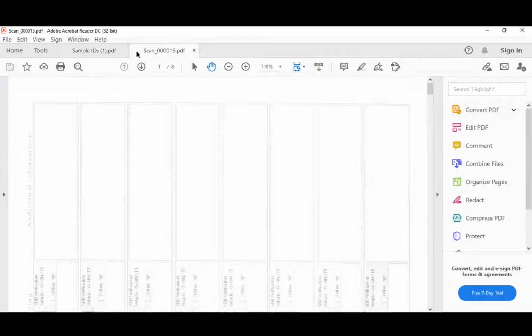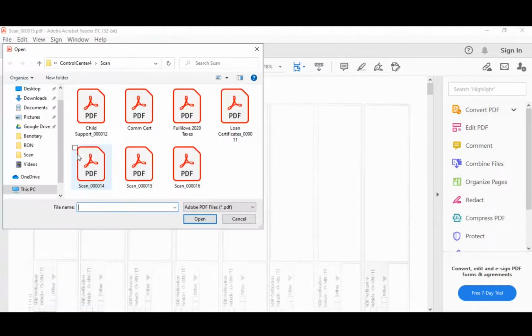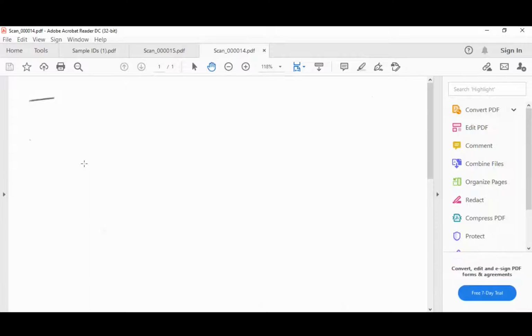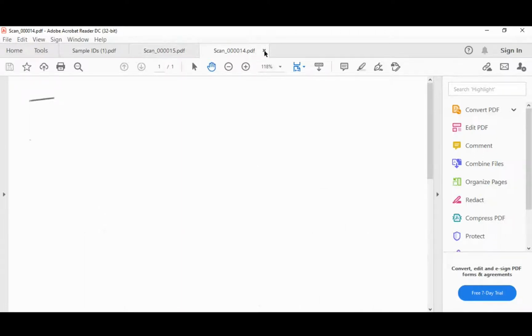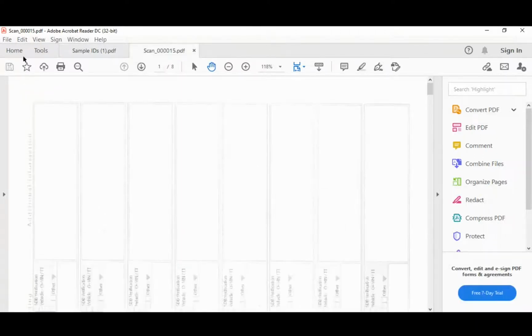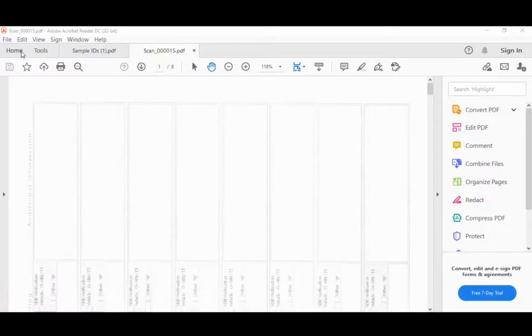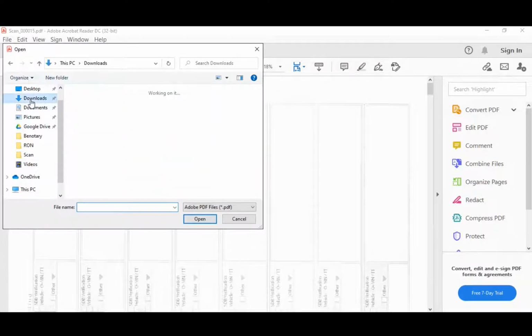Nope, that's not the one. I think it's this one. Nope, that's not it either. I know I scanned it and sent it to you guys.